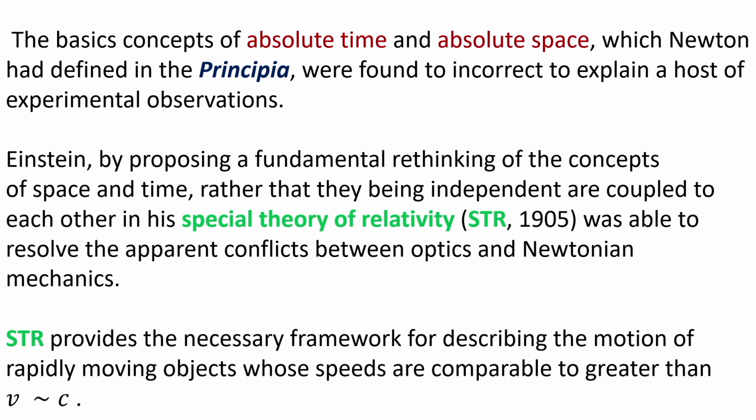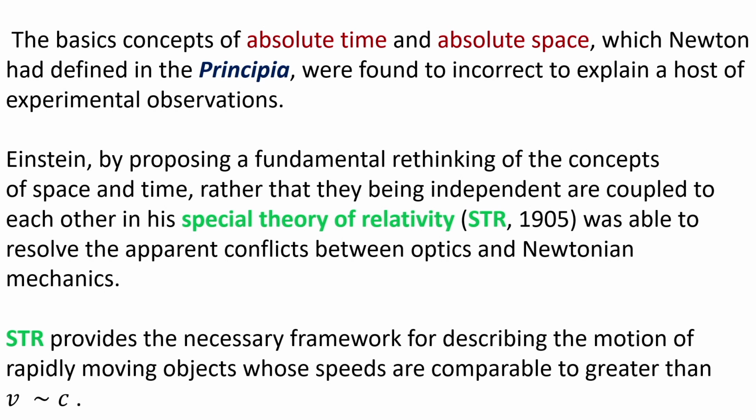So, x and t, the position and time, are not independent variables, they are linked to each other, and he wrote them down in his special theory of relativity, which along with this coupling of space and time said that the speed of light is the ultimate speed that one can achieve.